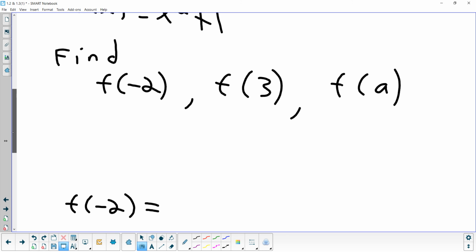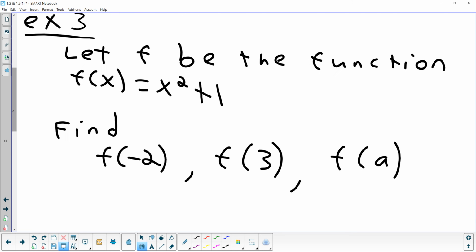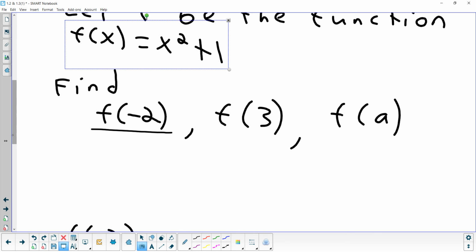So first one, f of -2. So Chloe, if they want to find f of -2, what number am I going to be plugging into the function f? X squared plus 1. So that's the function we're going to plug into, and what are you going to replace x with? -2. Right? So f, I'll write it right below each one.